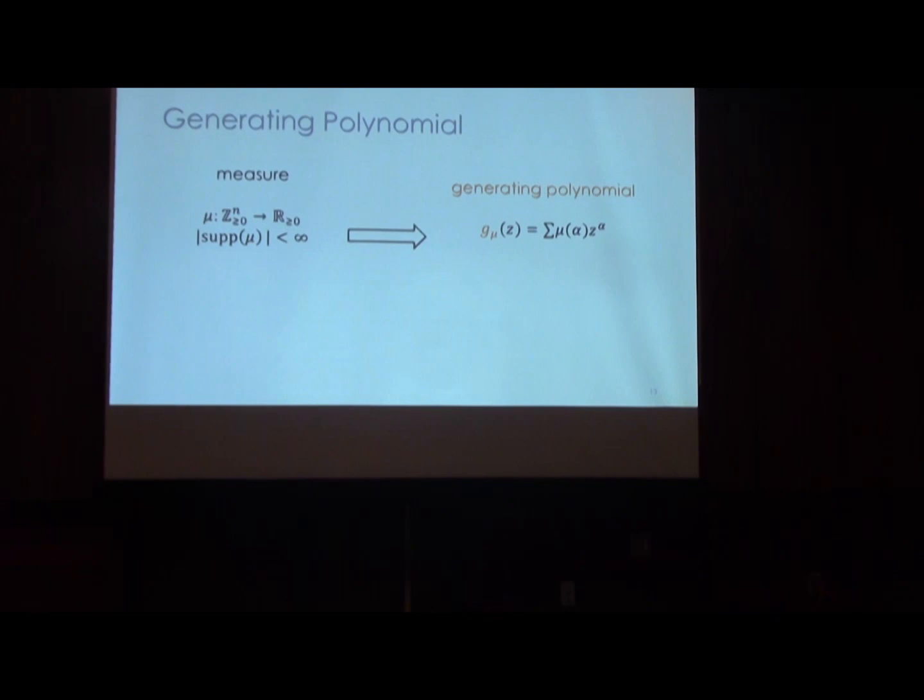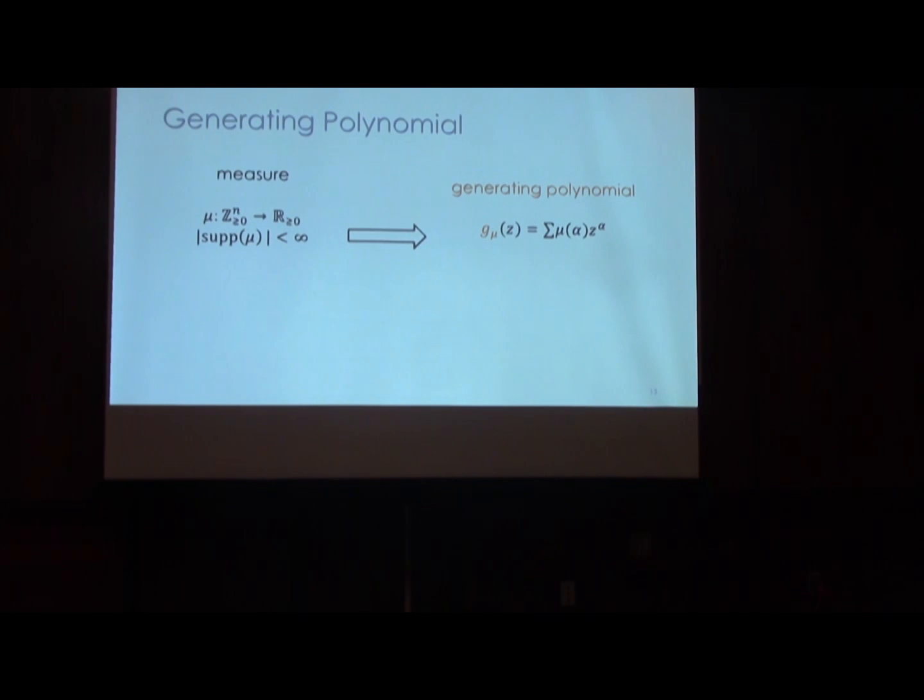By that I mean the product of zi raised to the power of alpha. So each integer point is giving me a monomial. I'm just multiplying that monomial by the measure at that point, and I'm getting this polynomial.